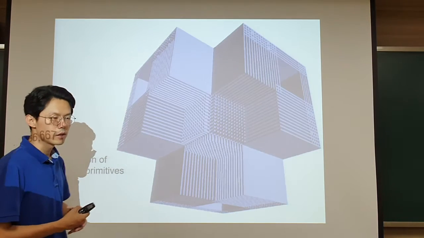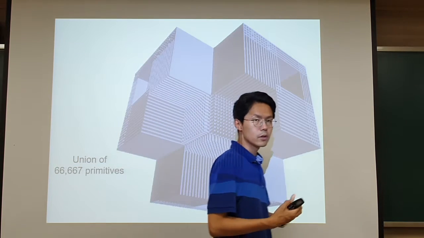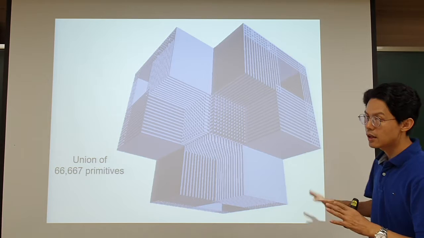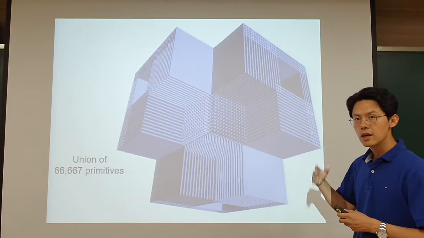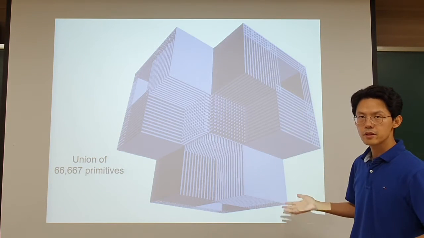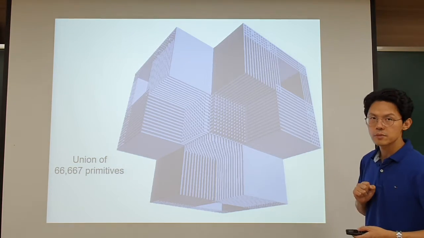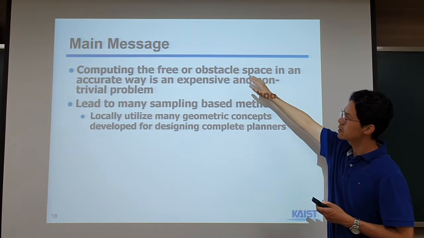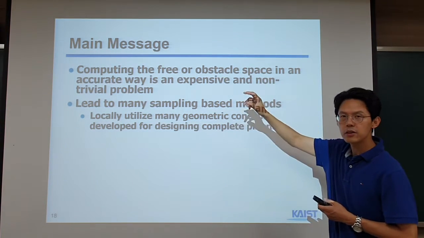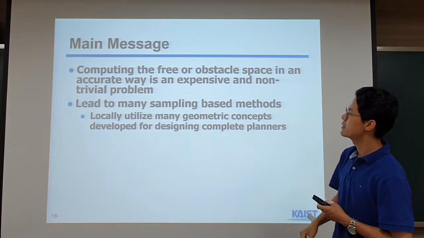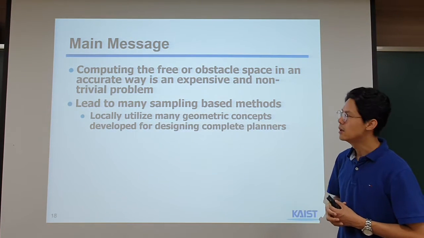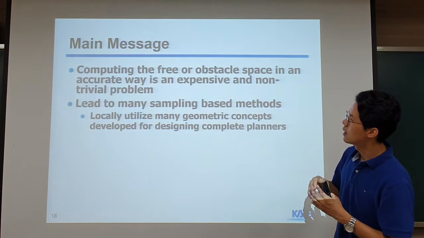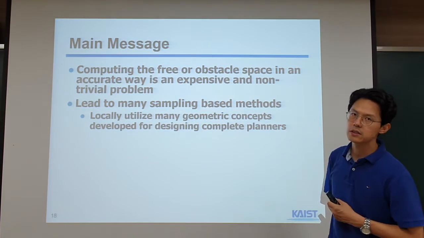So back then there has been a lot of research on how we can efficiently compute this Minkowski sum, since it is used a lot for different geometry operations, including computing the C-obstacle space, which is very important for motion planning. But the main message is that computing the free or obstacle space in an accurate way is a very expensive and non-trivial problem. In other words, achieving this goal is a very difficult problem.